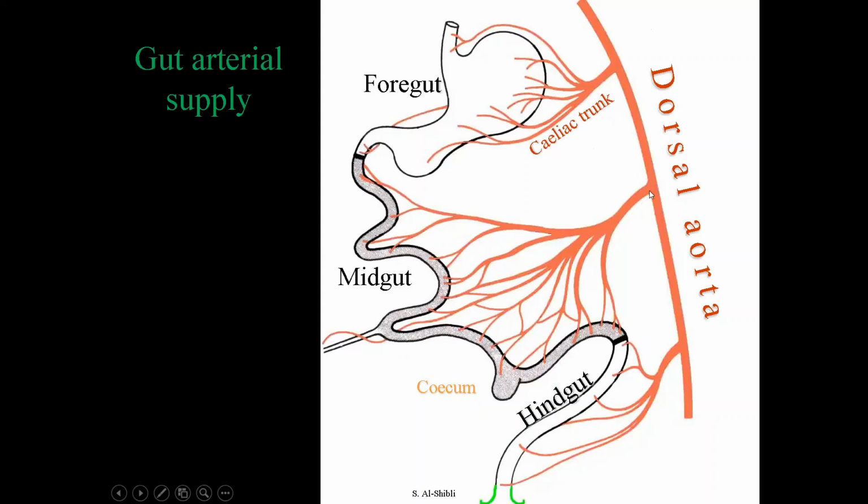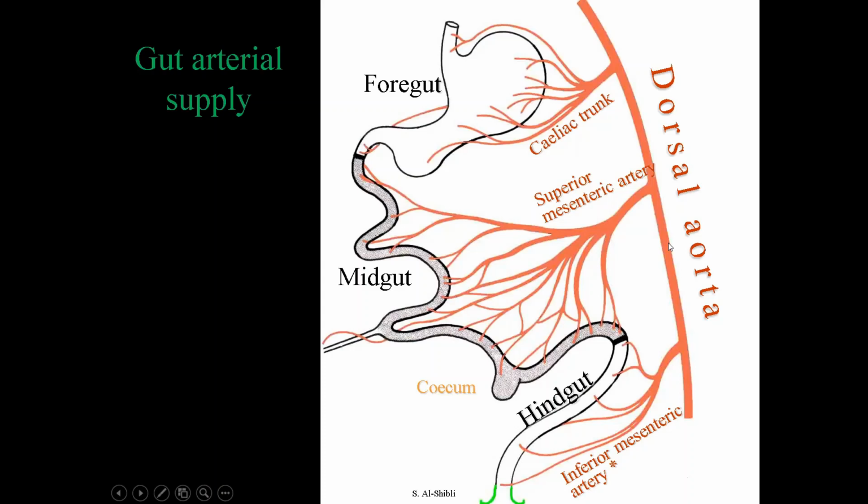Then we have the superior mesenteric that lies at the level of L1. This is exclusively related to the midgut. And finally, we have the inferior mesenteric that originates at the level of L3, and this is the main blood supply to the hindgut.